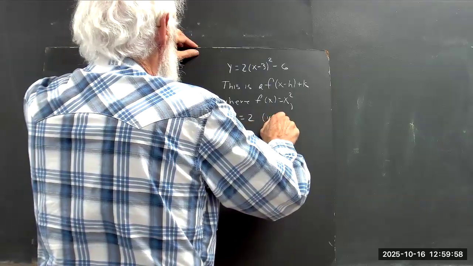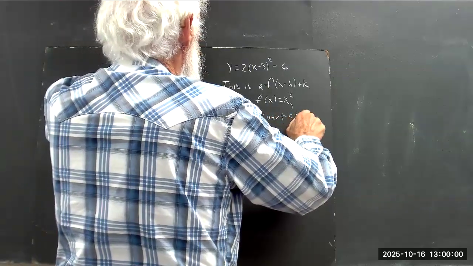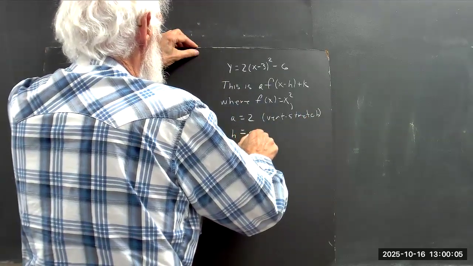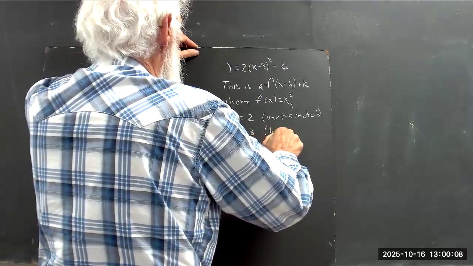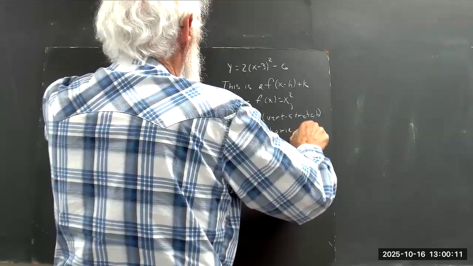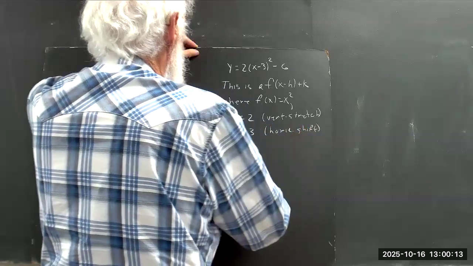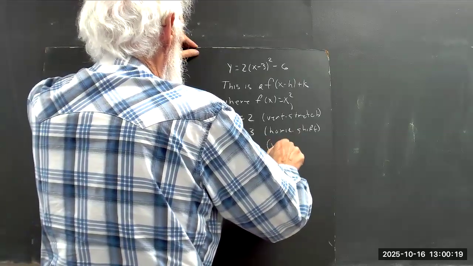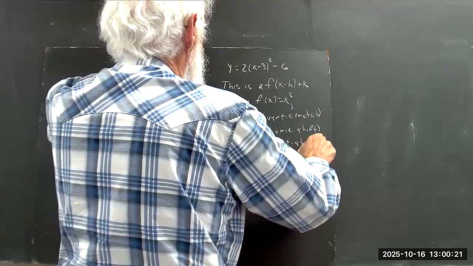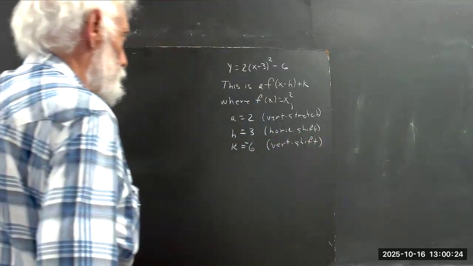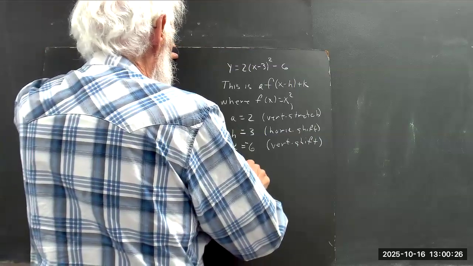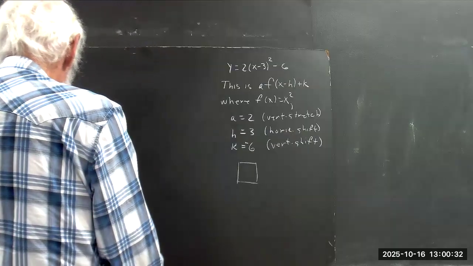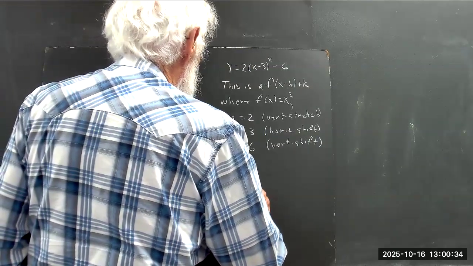A equals 2, which is a vertical stretch. H equals 3, your horizontal shift. K equals negative 6, vertical shift. So we start with your toolkit quadratic function. And I'm drawing this graph small and quickly.